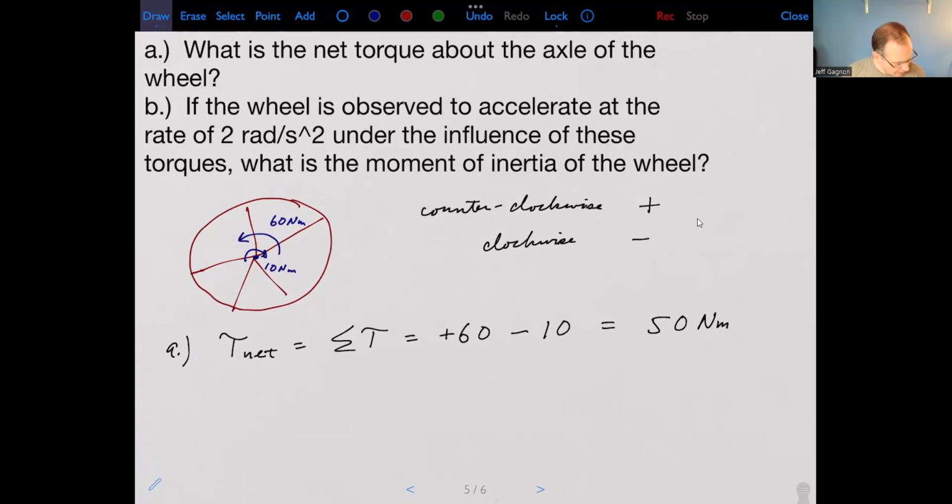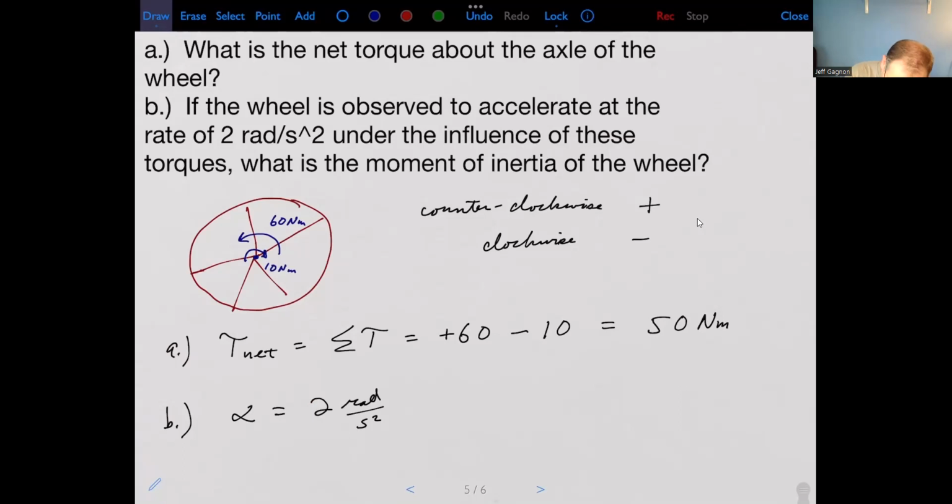And then for the second part of the question, it says if the wheel is observed to accelerate at the rate of 2 radians per second squared, so they're telling us alpha now is 2 radians per second squared. What is the moment of inertia of the wheel?